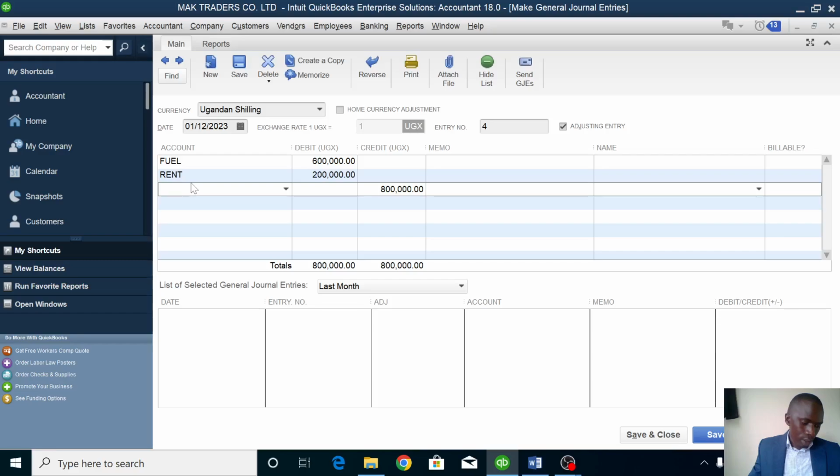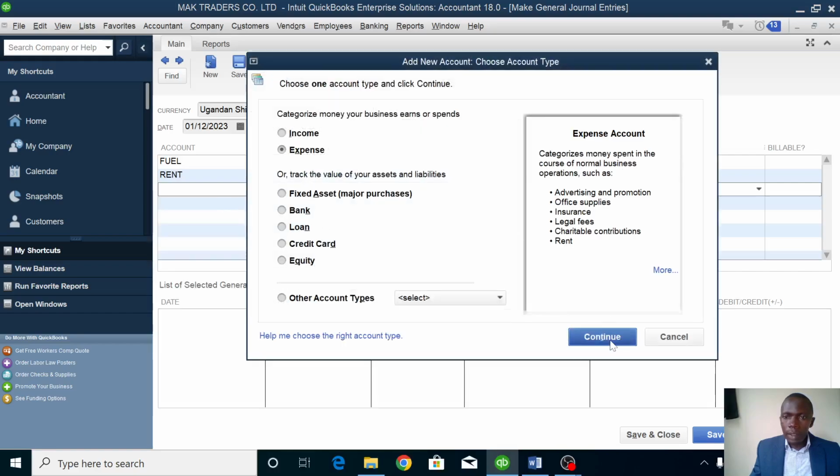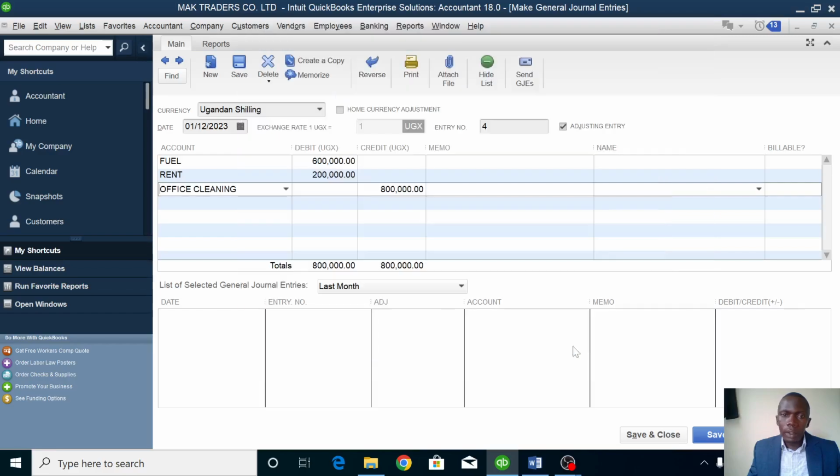So our next was office cleaning. We also created under expenses. Say office cleaning. Office cleaning, we save and close. So the amount was 220,000.